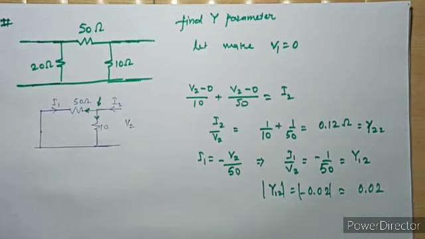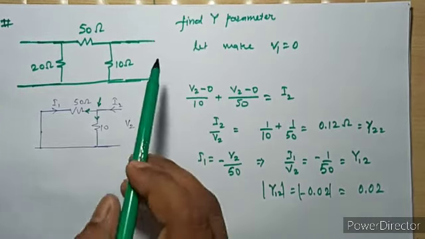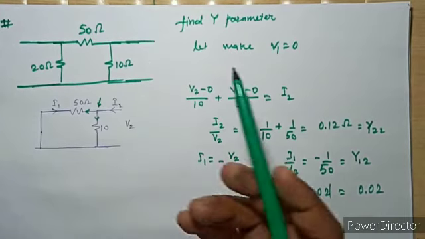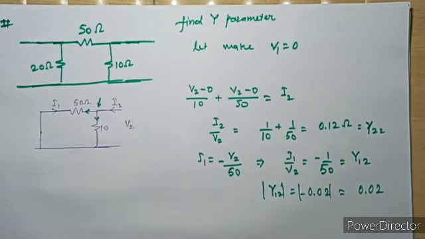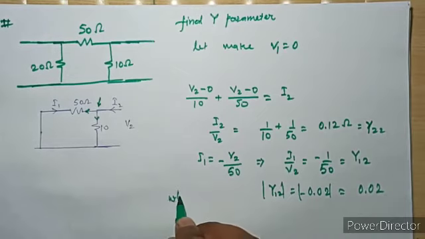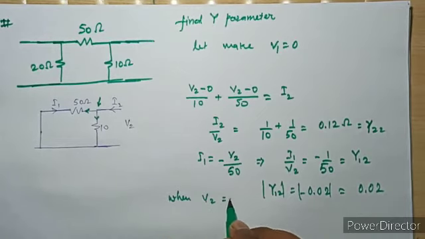In the same way, if I short circuit the port 2, means making V2 equal to 0, means short circuiting the output port, we will have Y11 as 0.